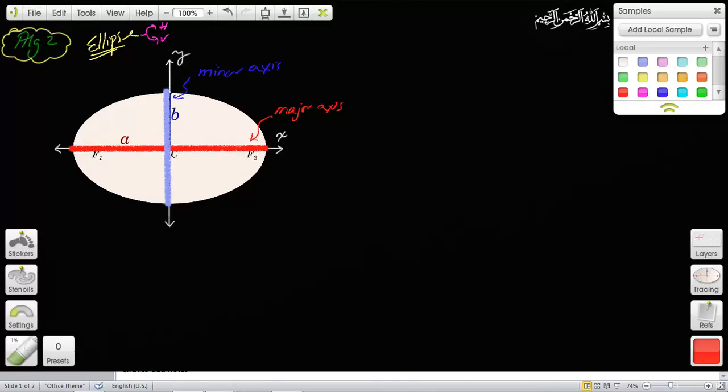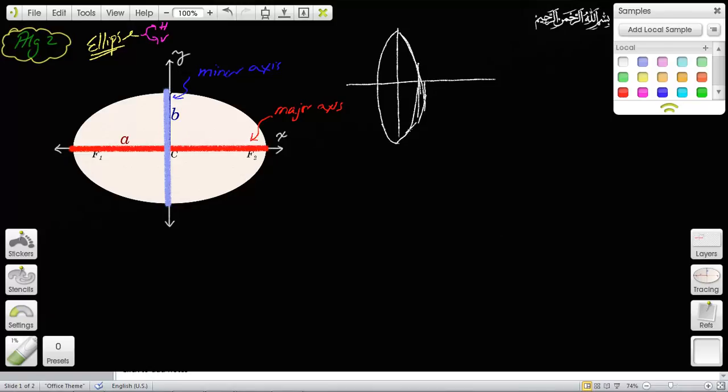So a horizontal ellipse, okay, is where the major axis is horizontal, and the vertical ellipse is where the major axis is vertical. So if you imagine a vertical ellipse, right, the major axis, of course, the longer length, would be vertical, and hence that's why it would be called a vertical ellipse. Fair?